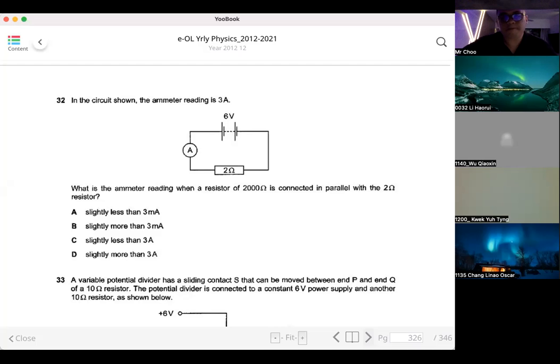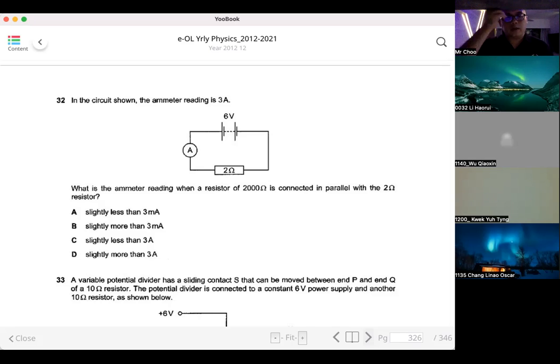Hooray, well done. Ryan, very good. Okay, how about the other three? Qiao Xing, well done, well done. Last two students.